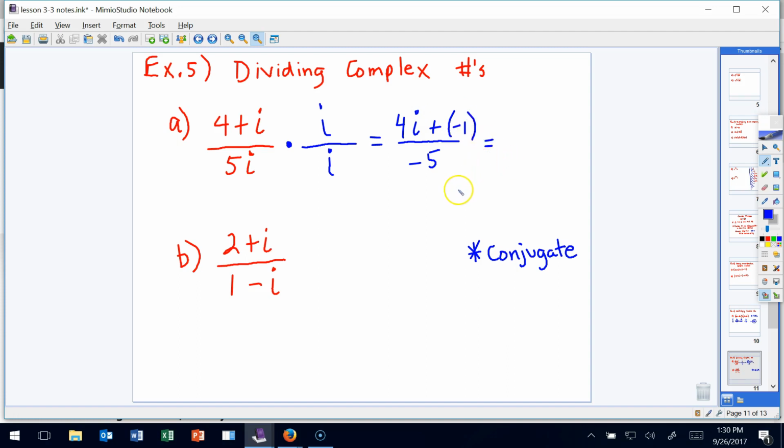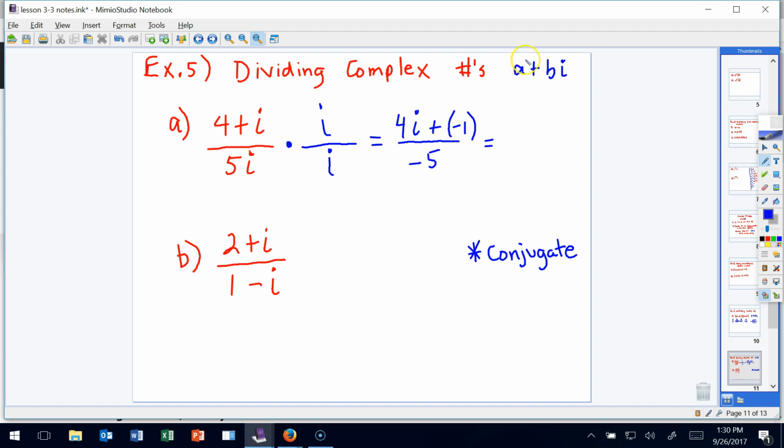So now I need to write this in complex number form. Remember, a complex number looks like a plus bi. For fractions like this, I need to essentially divide negative 5 into each one of these. I'm going to break this up into 2 fractions.